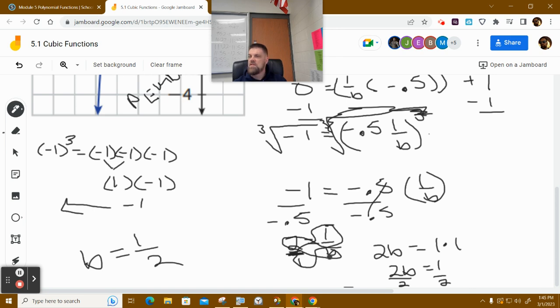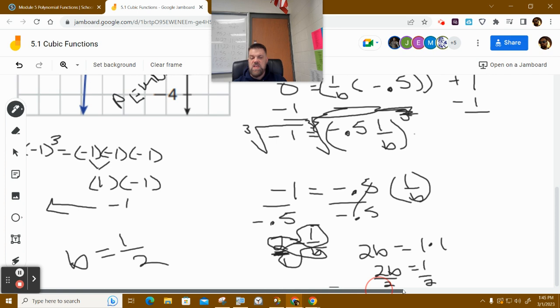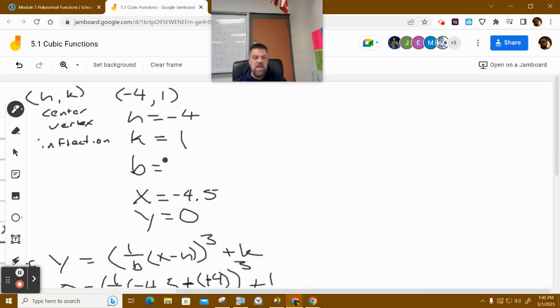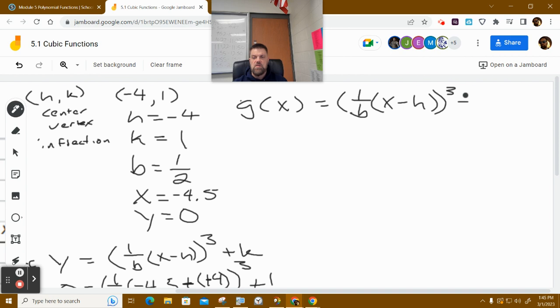Okay? So if b equals 1/2, and I've got all these variables, let's write that in up here at the top. b equals 1/2. So that means that g of x is equal to the quantity 1 over b times the quantity x minus h cubed plus k.